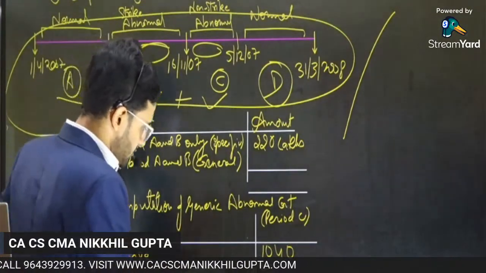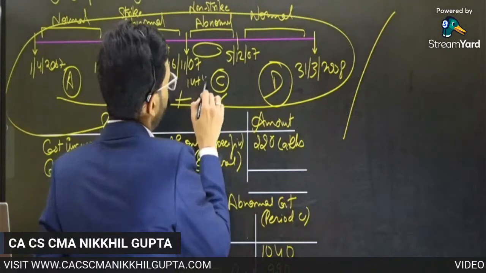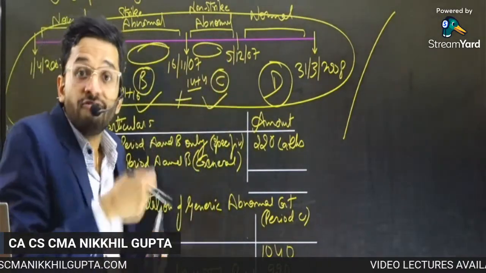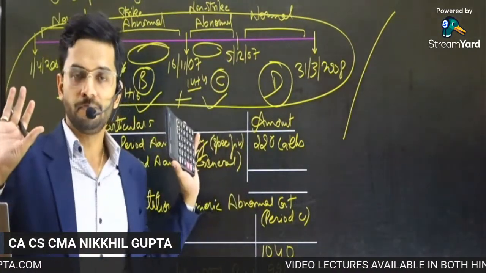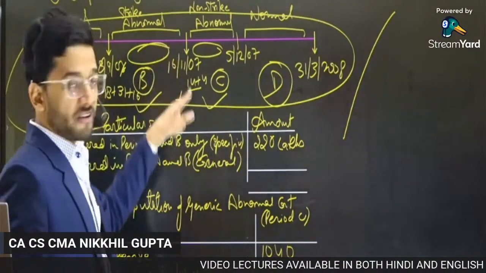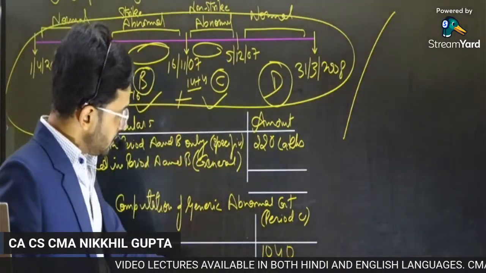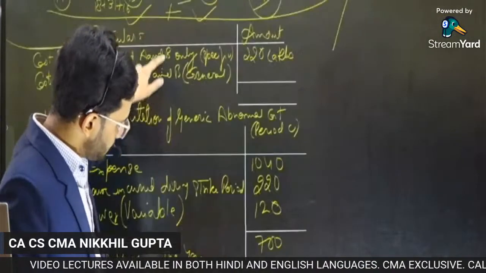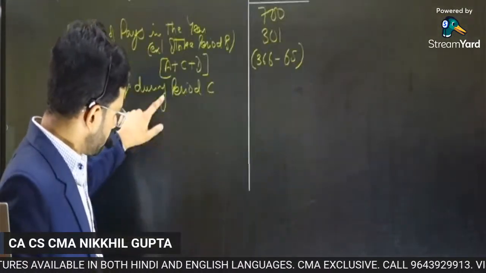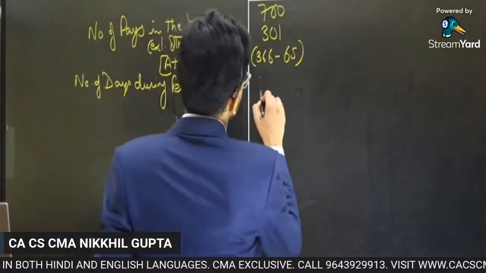So 14 days of November and 4 days of December, because production started from the 5th. So 14 days of November and 4 days of December comes to 18 days. So days during period C is 18 days.